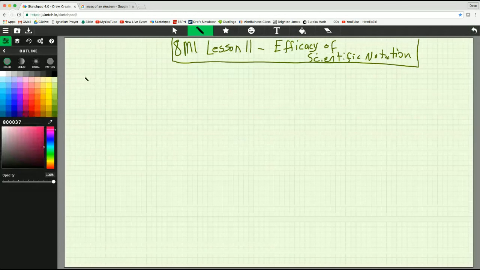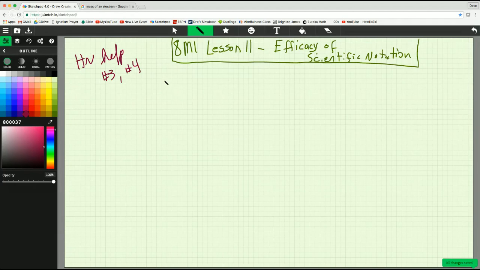Okay, now I want to give you the last key, and this is going to really give you some help on homework, help for number 3 and number 4. And in this case, we talk about population density. So let me just define that for you real quick. Population density.